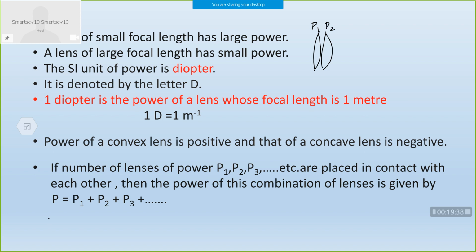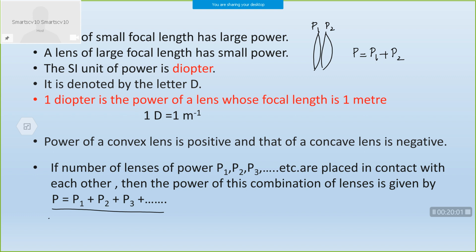Then the total power of the combination will be the algebraic sum of the powers of the individual lenses. You can have n number of lenses in your combination, so the total power will be P1 plus P2 plus P3 plus etc.